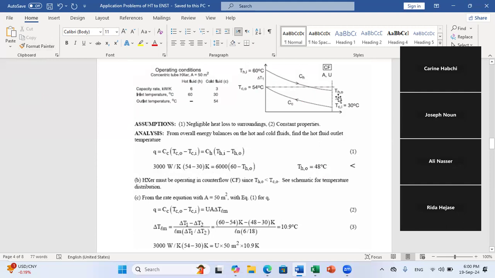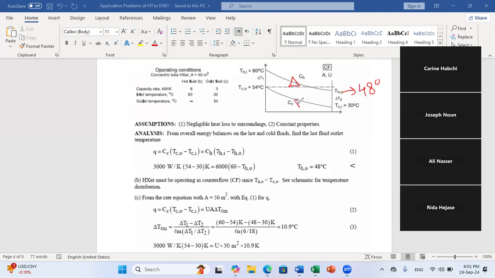And we can present this in a graph. For the hot fluid, the inlet temperature was 60 degrees, and from our calculation, the outlet temperature is 48, which is smaller than the outlet temperature of the cold fluid. And this is only possible, as we discussed in the design, in case of counterflow configuration. Because for your hot fluid, the temperature will be reduced, and for your cold fluid, the temperature will increase.